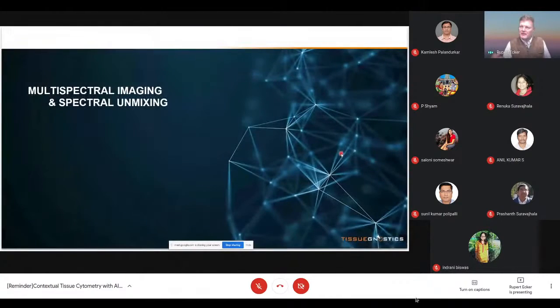Another technical approach to increasing the number of biomarkers or molecules that can be imaged and quantified simultaneously on the same tissue section, on the same cell population, is multispectral imaging. A minute ago, we talked about multiplexing, which requires a standard fluorescence microscope and a cyclic staining and subsequent alignment of the individual images.